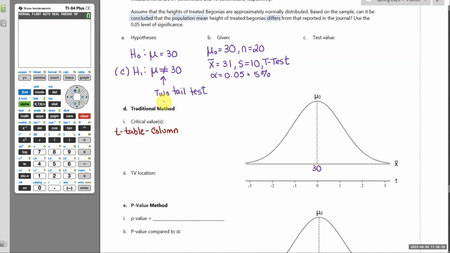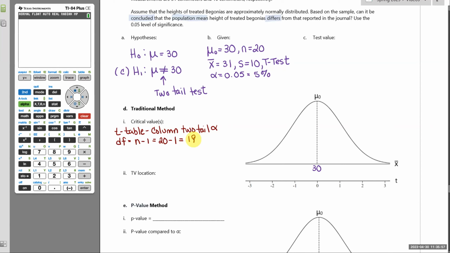It's a two-tailed test, so your table has a column that says two-tail alpha. So if alpha is 0.05, you can go to the column that says two-tail alpha, and then go to your degrees of freedom, n minus 1. In this case, 20 minus 1 is 19 degrees of freedom.